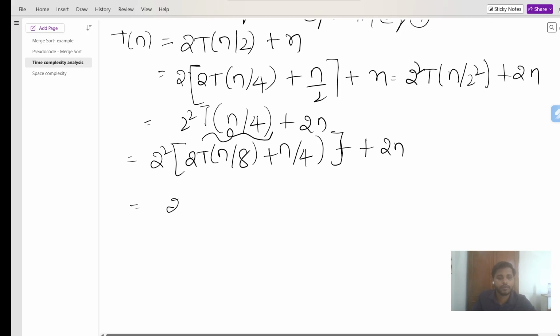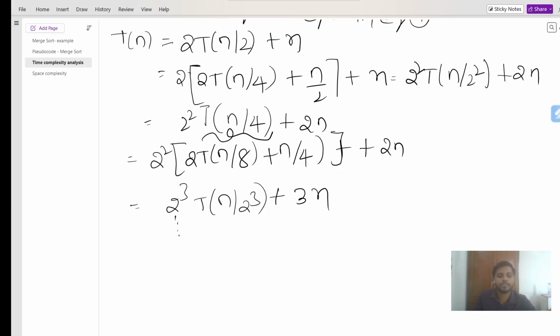Now it will be 2 cube T of n by 2 cube plus 3n. If I substitute and so on, what will happen? This will be 2 power k T of n by 2 to the power of k plus k into n.